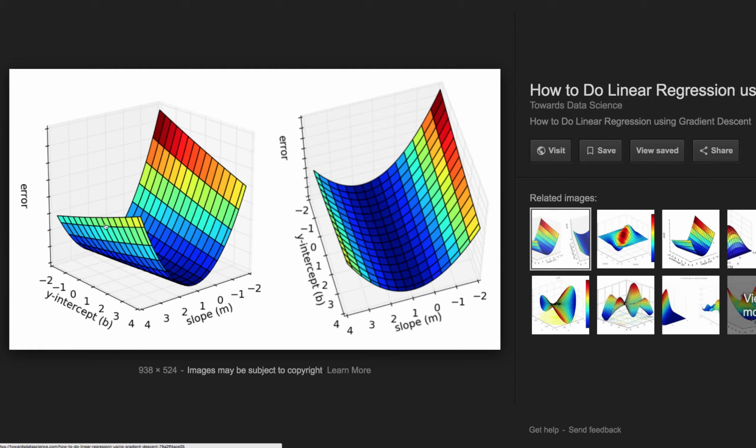If the slope is going this way, then we need to move to the right to get to a lower point, right? And so that's how gradient descent works. First, it creates a function for the error, and then it uses the derivative of the y-intercept and the slope in order to know which way the y-intercept needs to be changed and which way the slope needs to be changed, adjusted by a little bit in order to recalculate the error, right?